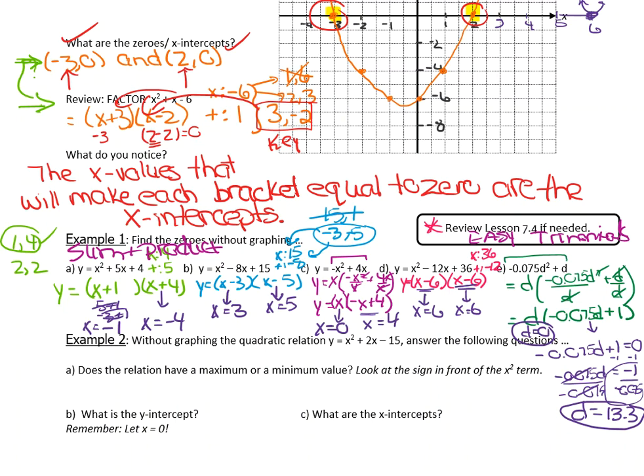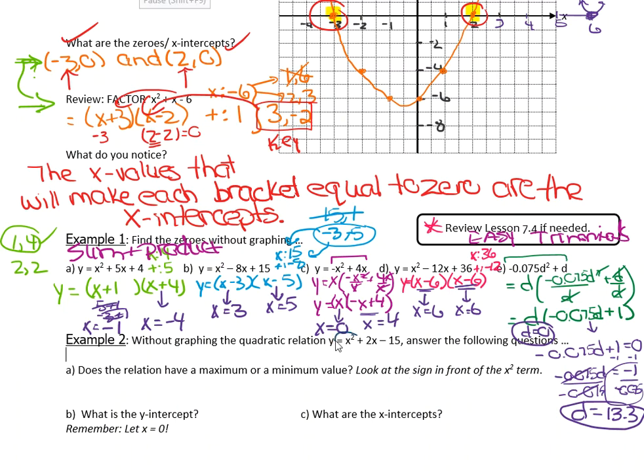On to example 2. Without graphing the quadratic relation y equals x squared plus 2x minus 15, answer the following questions. A, does the relation have a maximum or a minimum value? Okay, this is another thing you're going to have to think about from before. Look at the sign in front of the x squared term.